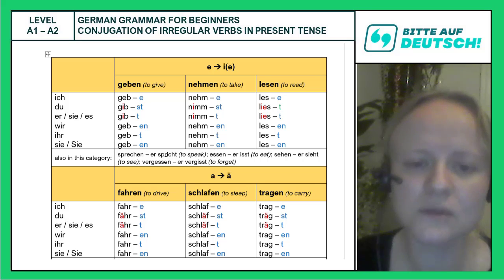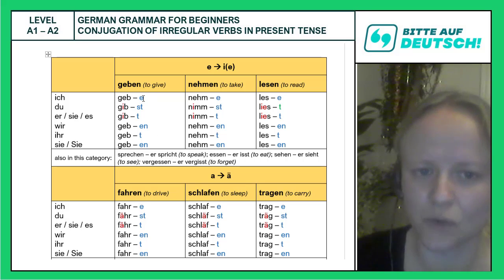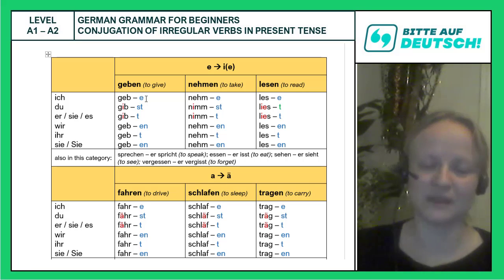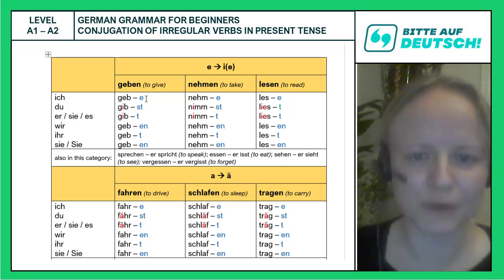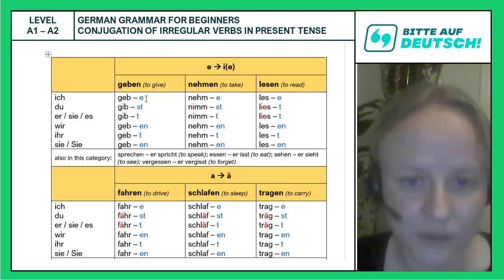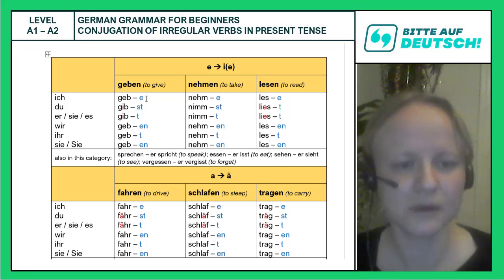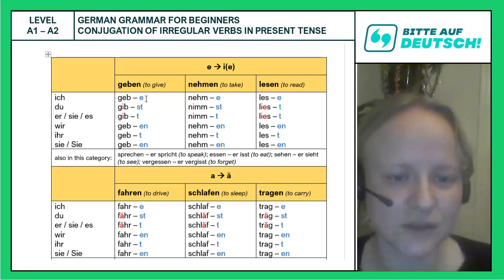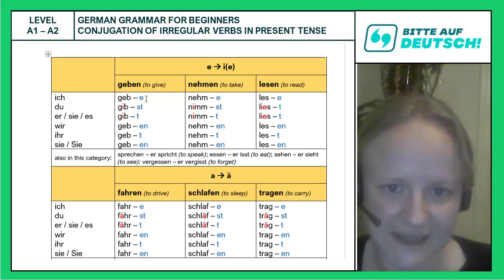And they normally also do not occur for the ich forms. Only in rare exceptions do they actually also change the verb stem in the ich forms. But when we talk about those vowel changes, they are exclusively applicable to the du and er, sie, es forms. So geb changes to gib for du and er, sie, es.